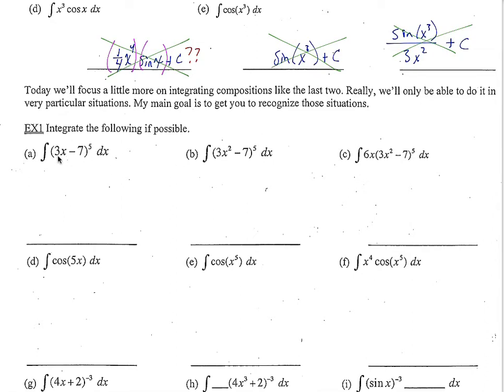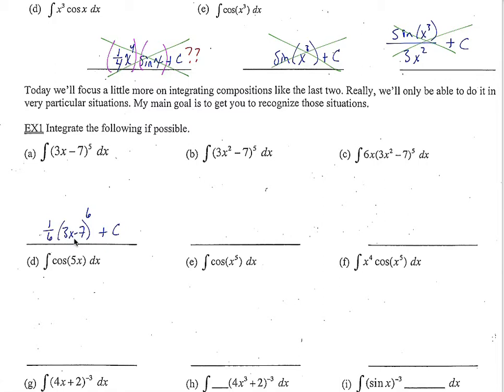So if we try to integrate this, the quantity 3x minus 7 raised to the fifth, we are going to want 3x minus 7 to the sixth, and then we'll have a 1/6 in front, plus c. And now if we think about this, when we take the derivative of this, the derivative of the outside function is going to be 3x minus 7 to the fifth power. We're going to multiply the 6 times the 1/6, which will get us to be 1.